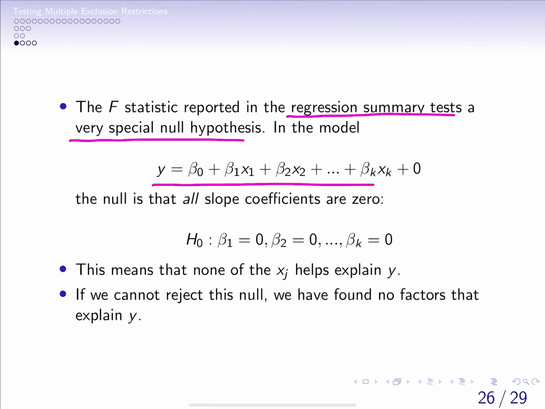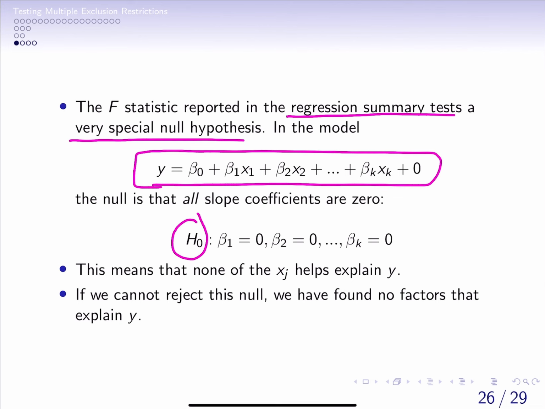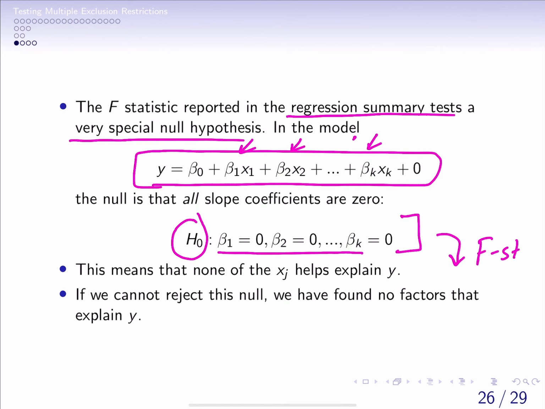Now, if we had a model like this, if we set up our null hypothesis, which says that all of our slope coefficients, so all of the coefficients that are attached to the x's or the independent variables are jointly equal to 0, we can test this null hypothesis by using the F stat that is reported in our regression summary. Okay, and typically we're always going to reject it.